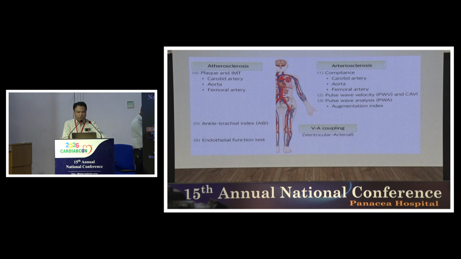Now, atherosclerosis, I already told you, is within the lumen or subluminal, but arteriosclerosis is mostly measured in the carotid, aorta and femoral large arteries, with pulse wave velocity and cardio-ankle vascular index. Pulse wave analysis is also used.